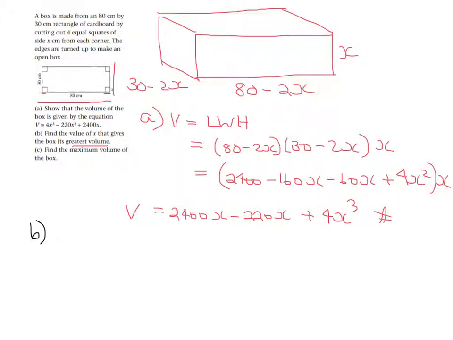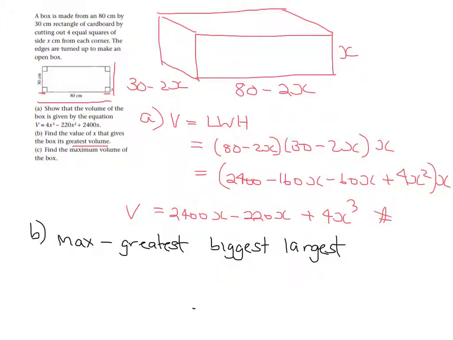Next. Find the value of x that gives the box its greatest volume. When you see the word greatest, biggest, largest, that's all talking about max. And minimum, if they say the smallest, or another one for max would be the most, and least for smallest.